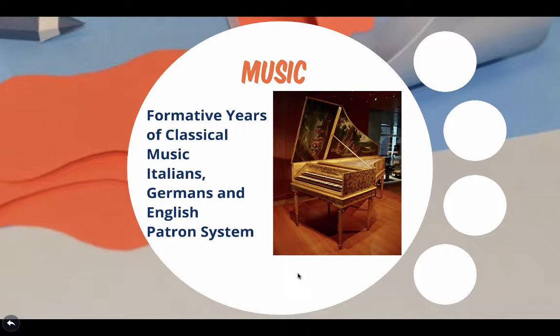The Italians are going to be the first ones out, but very quickly the Germans, the English, Austrians. And again, the patron system is huge here. We talked about the wealthy already in building huge homes. And so the other big thing that the wealthy are going to do is to pay these high-end composers to make music.